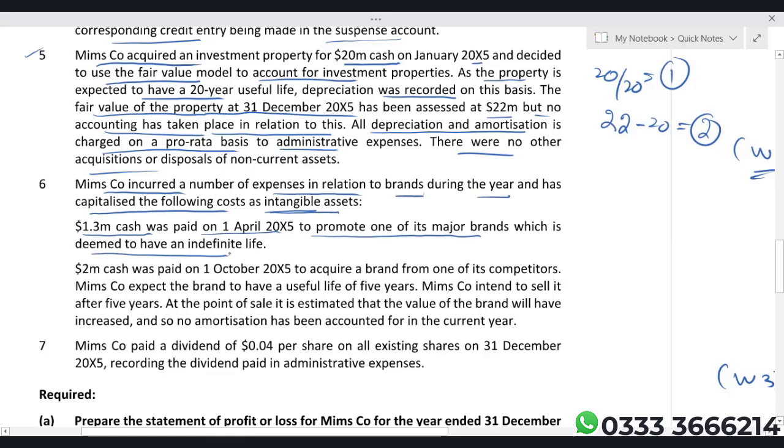Okay, now listen carefully. Basically, according to IAS 38, you cannot capitalize your own brand.